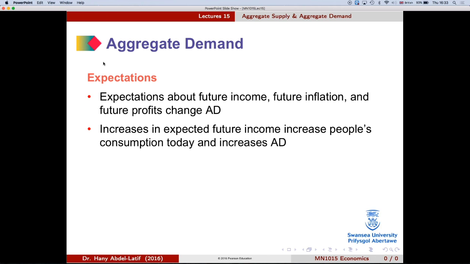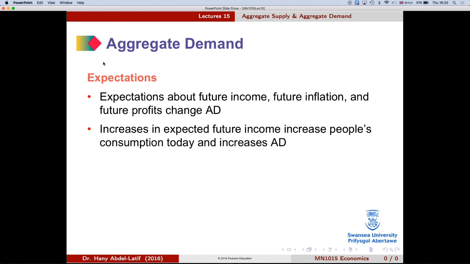The aggregate demand is the demand coming from households, firms, government, and the outside world. That means the aggregate demand is the sum of consumption, investment, government spending, and net exports, which is X minus M, exports minus imports.